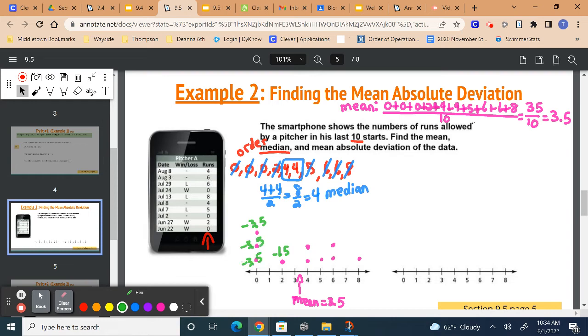Then our 4 is 0.5 away from the mean, and then our 5 is 1.5 away, and our 6 is 2.5, and then our 8 is 4.5.